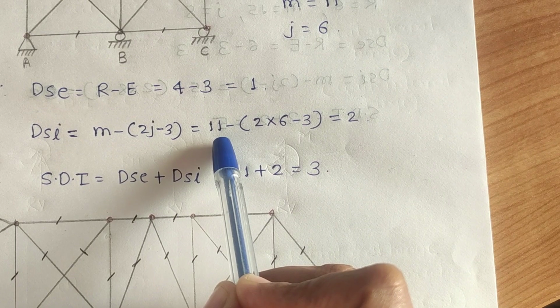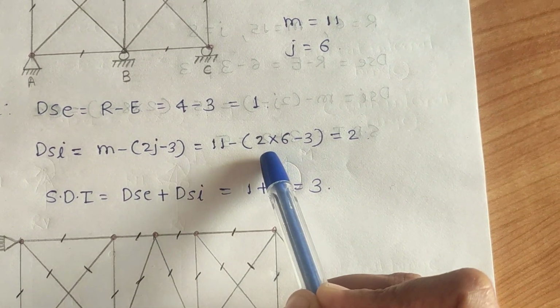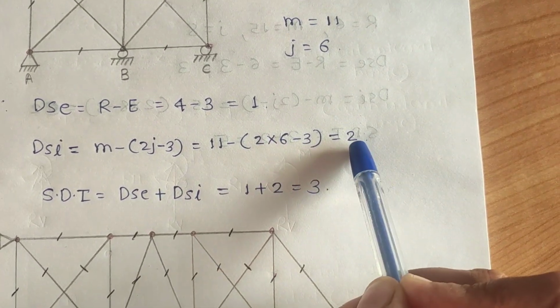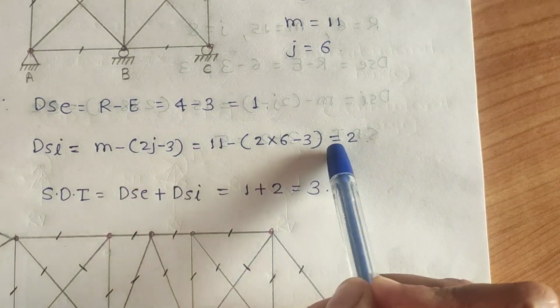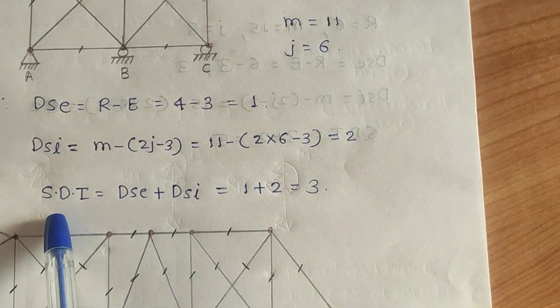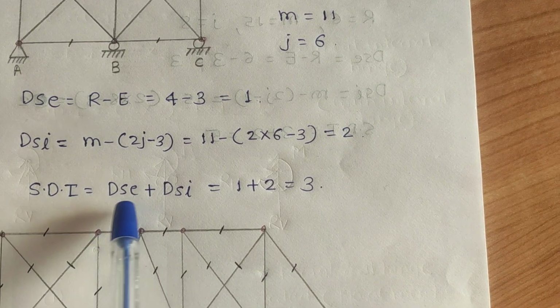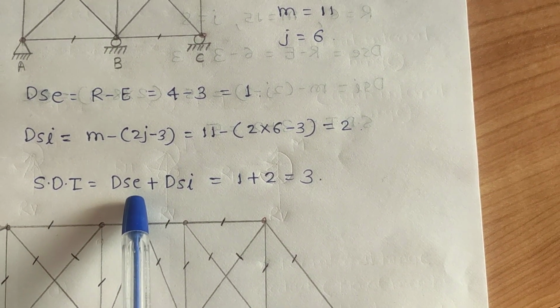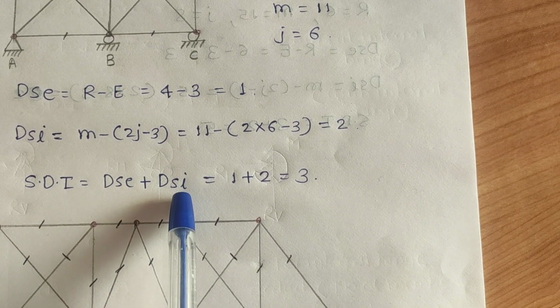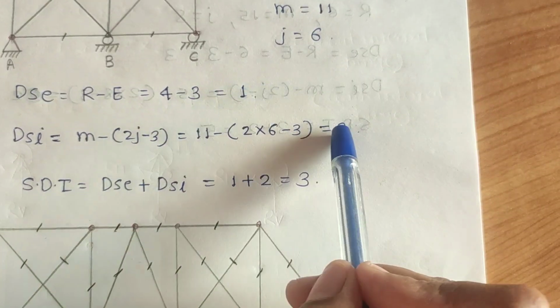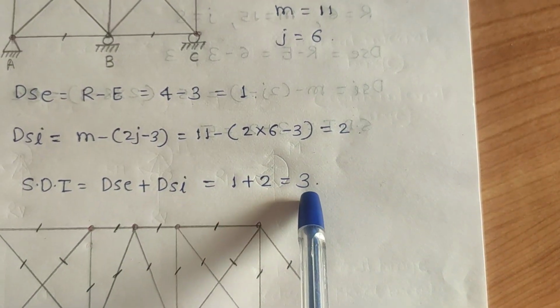Put the value of M as 11 and J as 6, we get 2 as the internal indeterminacy. And the total SDI, that is the static degree of indeterminacy, is equal to external plus internal indeterminacy, that is 1 plus 2, that is equal to 3.